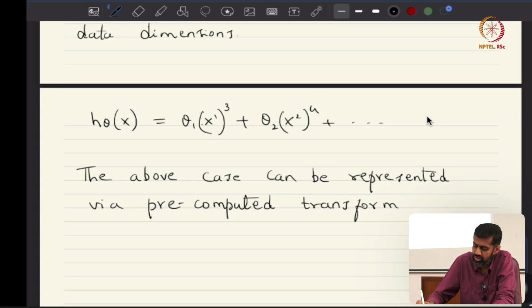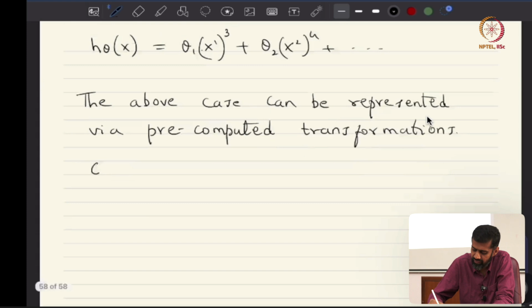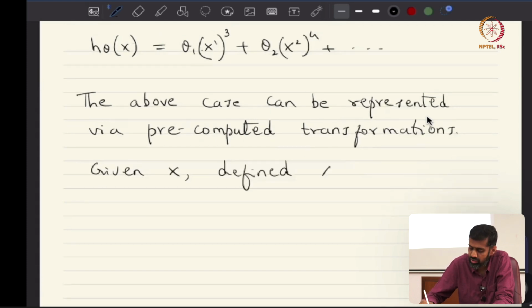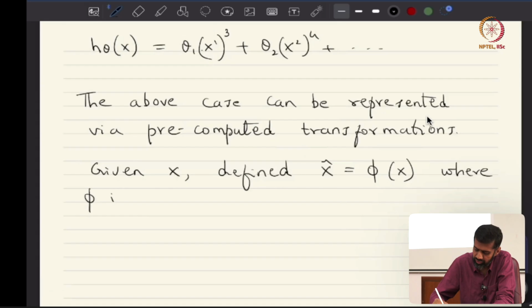So given x, define x cap equal to phi times x, where phi is a fixed transformation or kernel. So let's call this transformation.